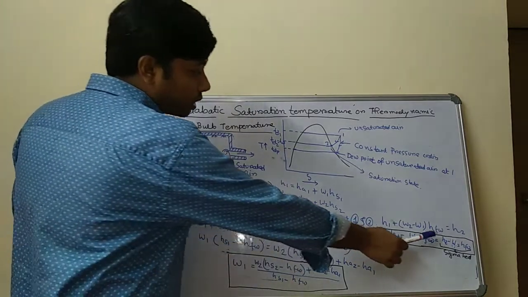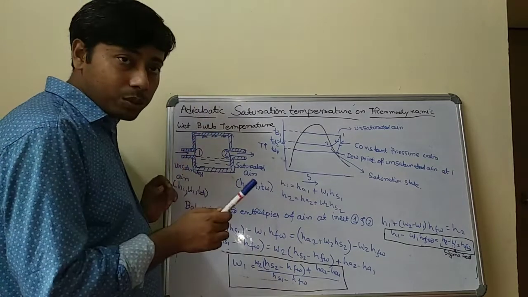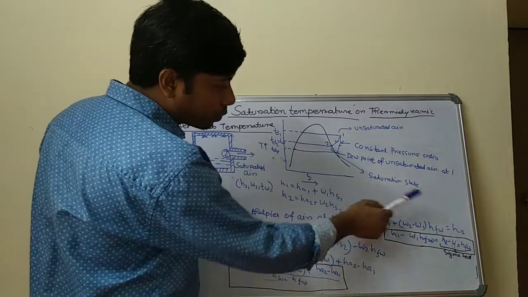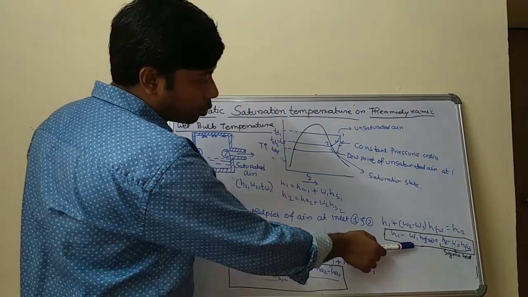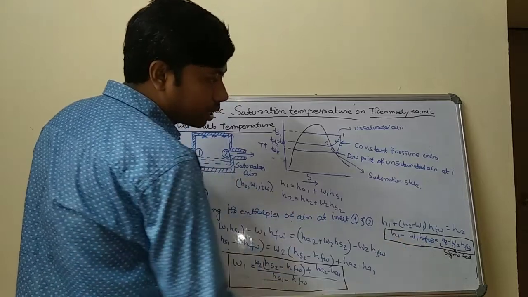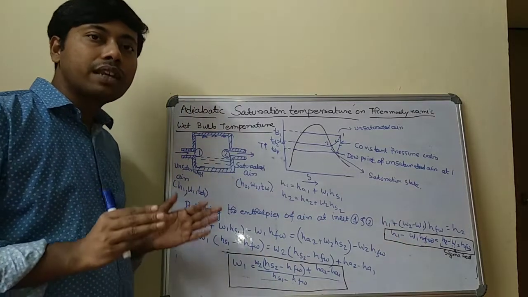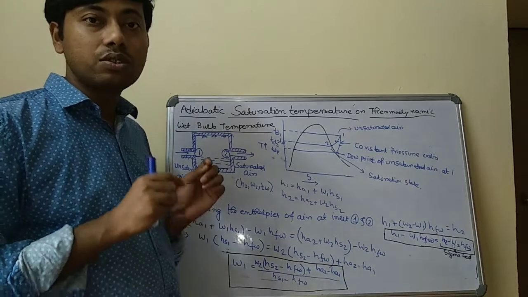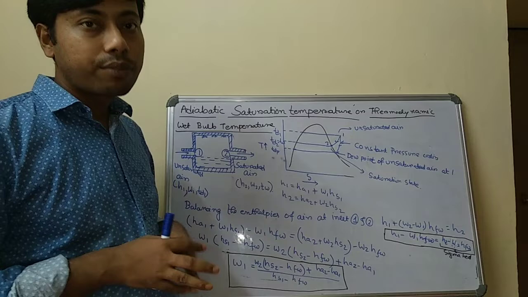So H1 plus (W2 minus W1) into HFW is equal to H2. Now if you write this equation in this form, H1 minus W1 HFW is equal to H2 minus W2 HFW, where H2 minus W2 into HFW is your sigma heat, which basically remains constant throughout the process.